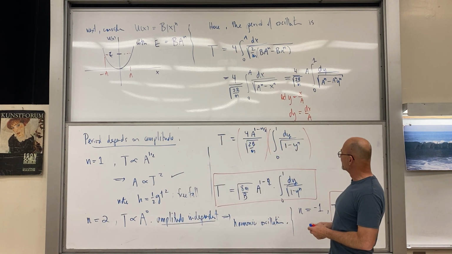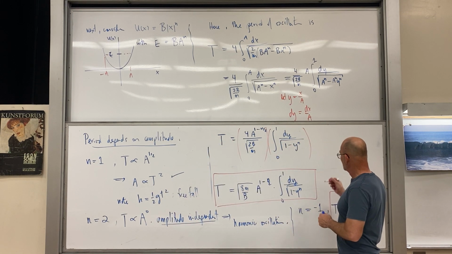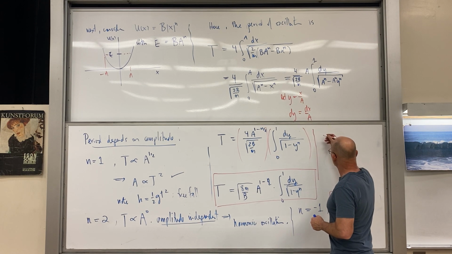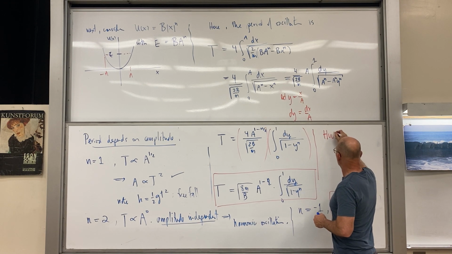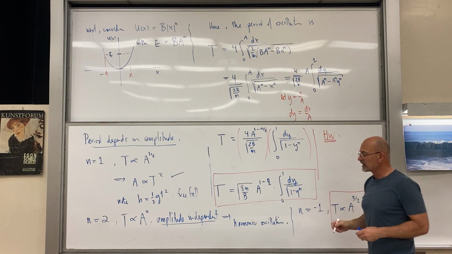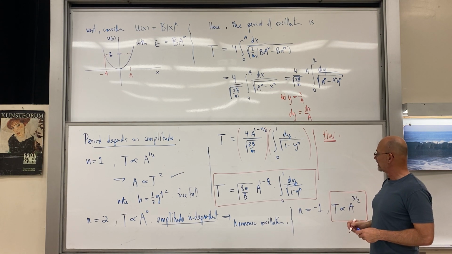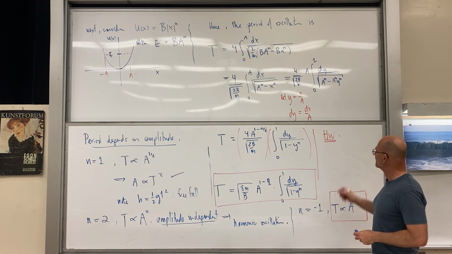Okay, so the next example we're going to do, well actually let me assign a couple of things on this right here. So homework, this one you just want to do a little homework.